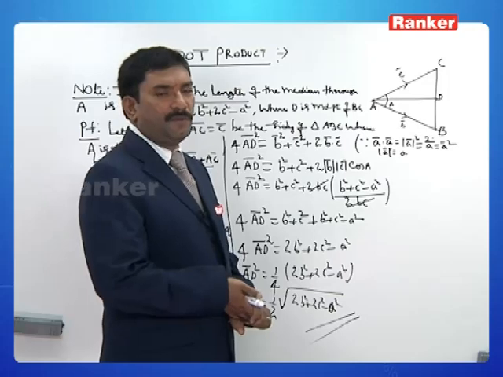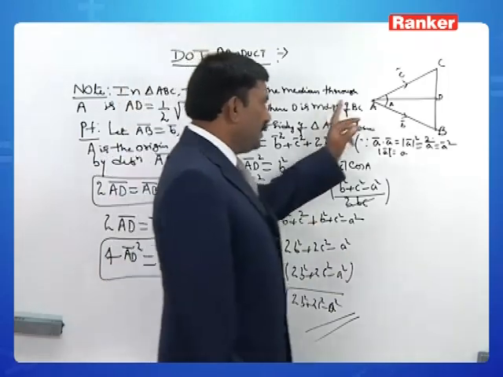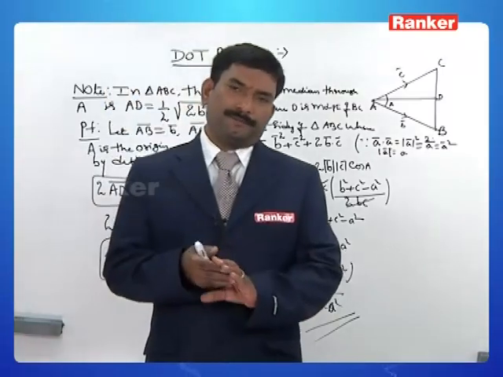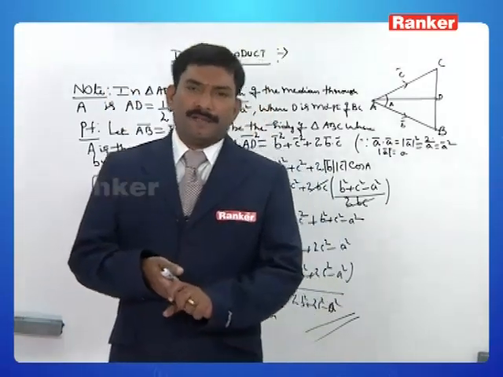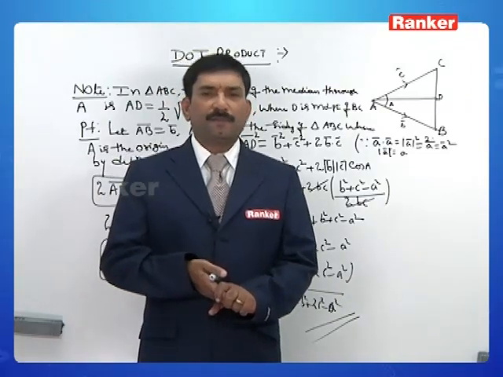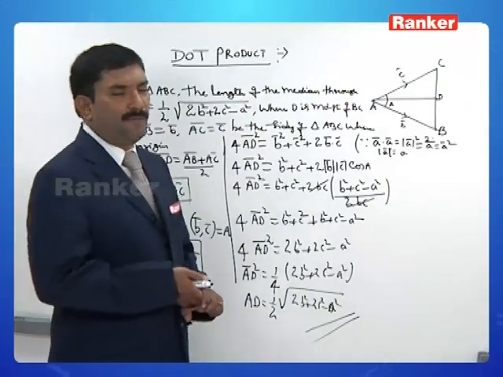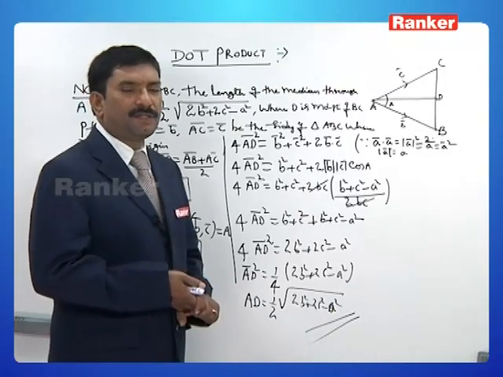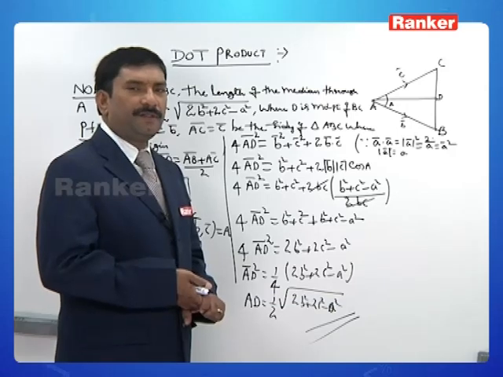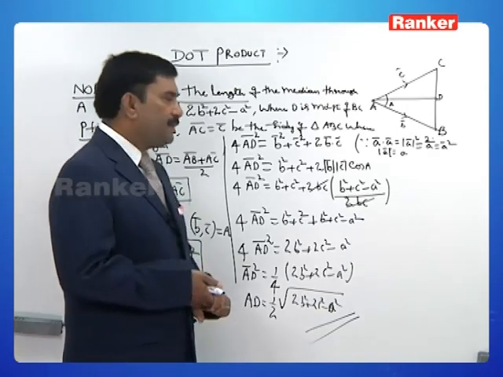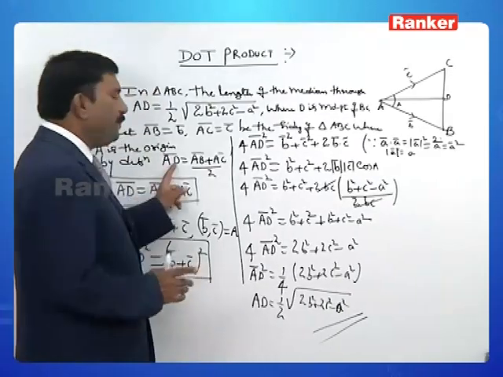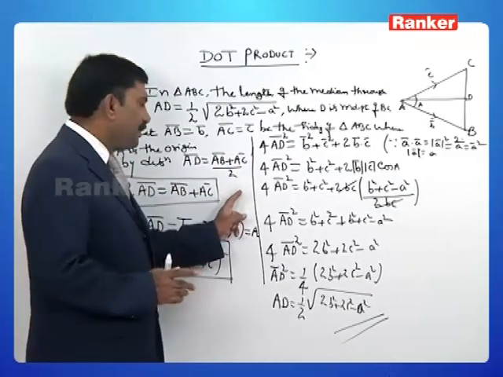Once again, in a triangle ABC, take A as the origin. Let AB bar is equal to b bar, AC bar is equal to c bar, be two vectors representing the two sides, and the angle between them is A. By using the median property, AD bar is equal to AB bar plus AC bar by 2.